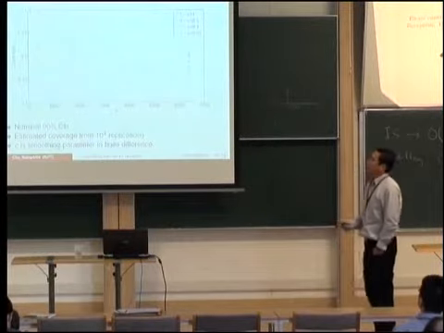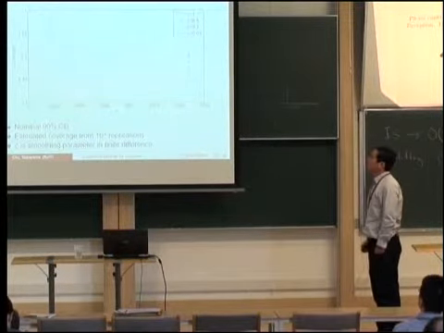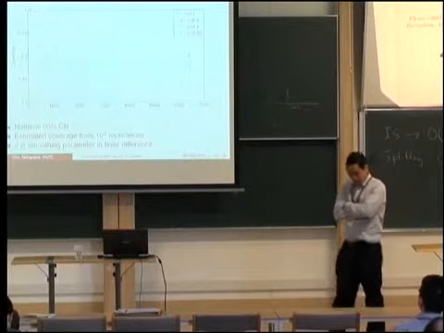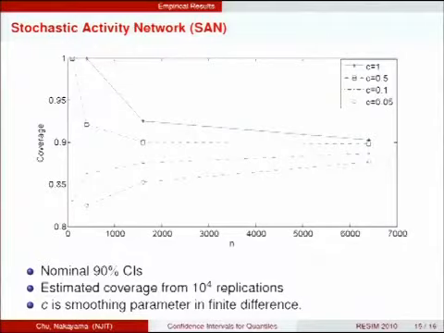Here are the empirical results that we got from running coverage experiments on that small example. On the horizontal axis we have the sample size, n, and on the vertical axis we have the coverage of the resulting confidence intervals. Our goal was to construct confidence intervals with nominal coverage of 0.9.